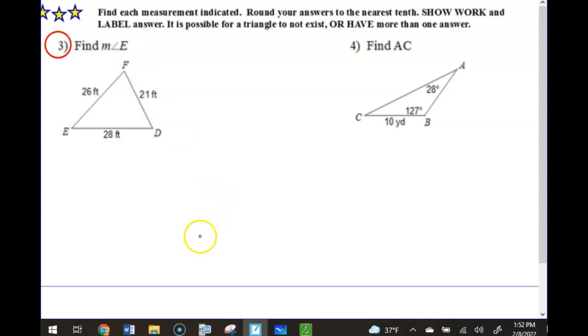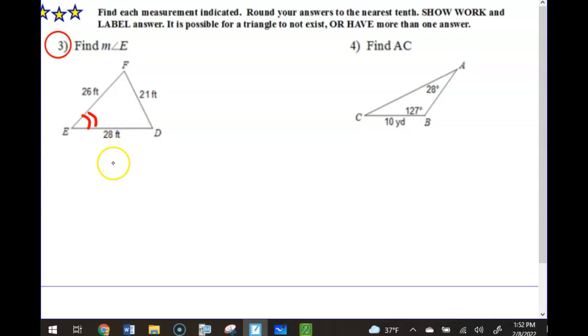Number 3 I want to do together. This says find angle E. What are we going to have to do here? Law of cosines, because we know all 3 sides. Law of sines would be if we could set up a proportion, right? But we don't know any angles, so we can't just set up a proportion across from each other.